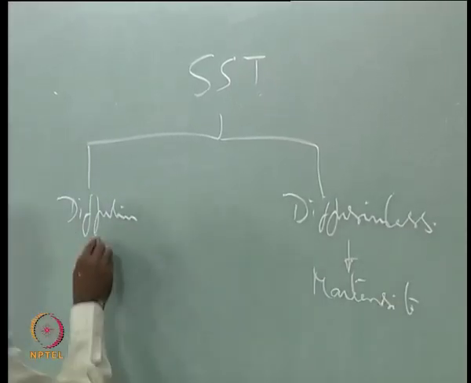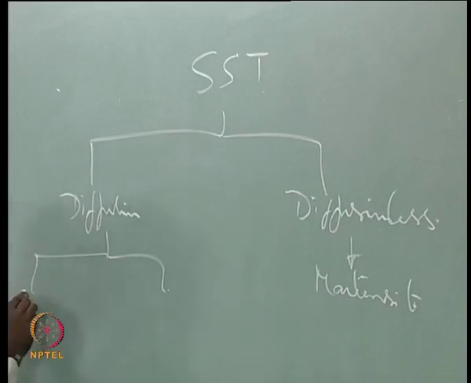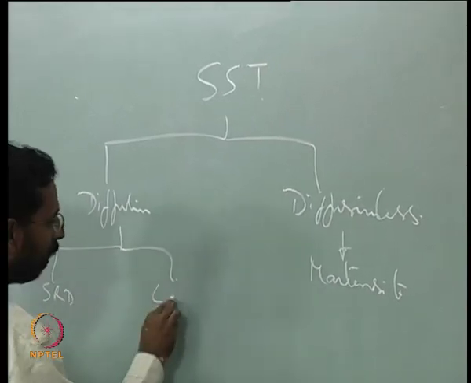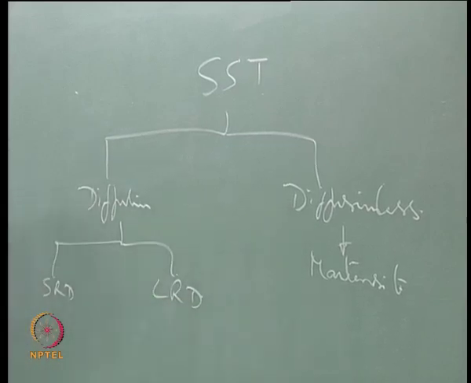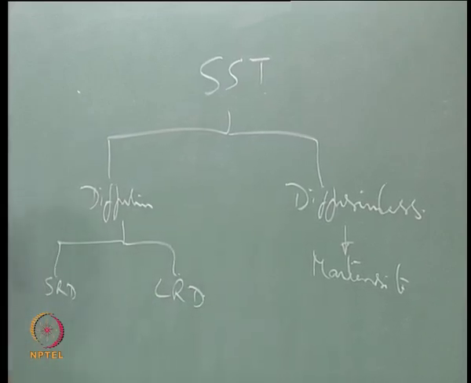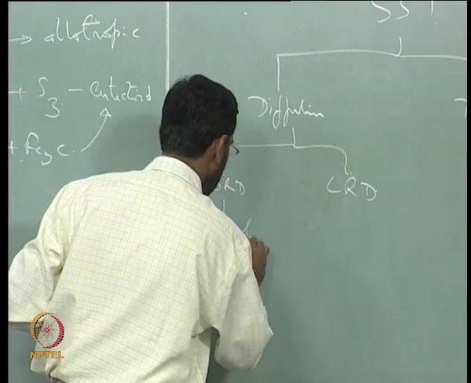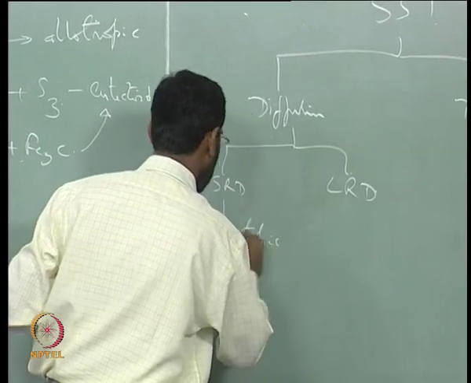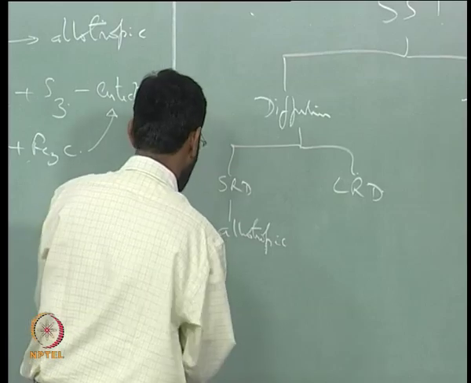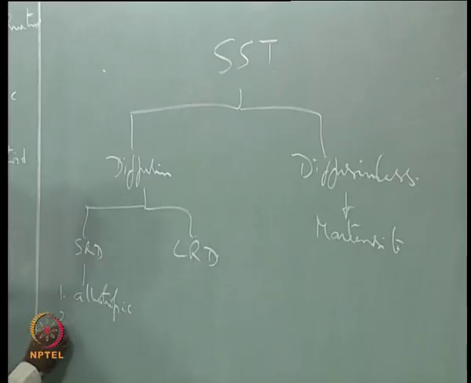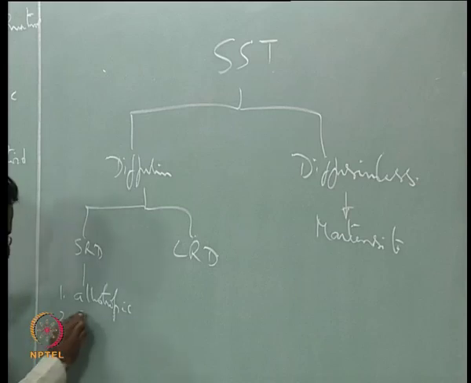And in diffusion you have short range diffusion and long range diffusion. All those short range diffusions are these allotropic transitions, and you have one you can talk about, massive.